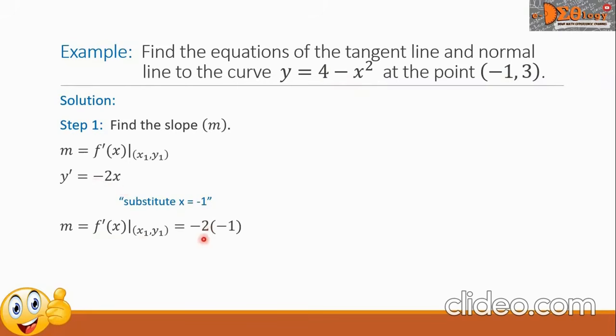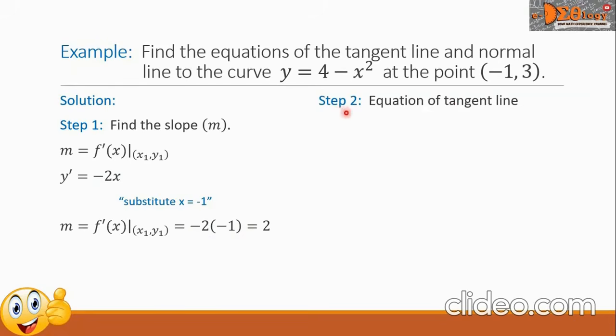So we write negative 2 times the x, now substituted by negative 1. So negative 2 times negative 1 is positive 2. This is the slope of the curve at the given point. This is also the slope of the tangent line at the given point.